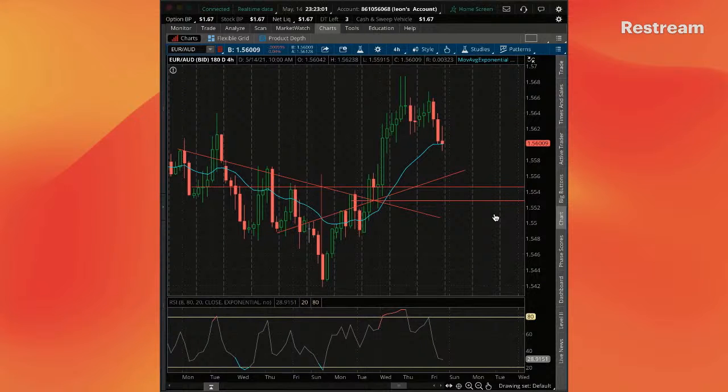So Euro Aussie, that is what we are going to be going with. Again, it has already hit its price action.